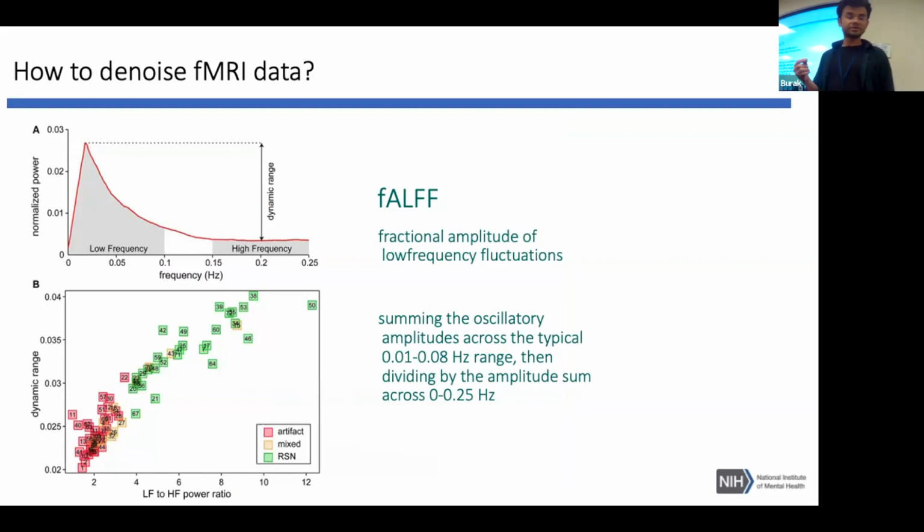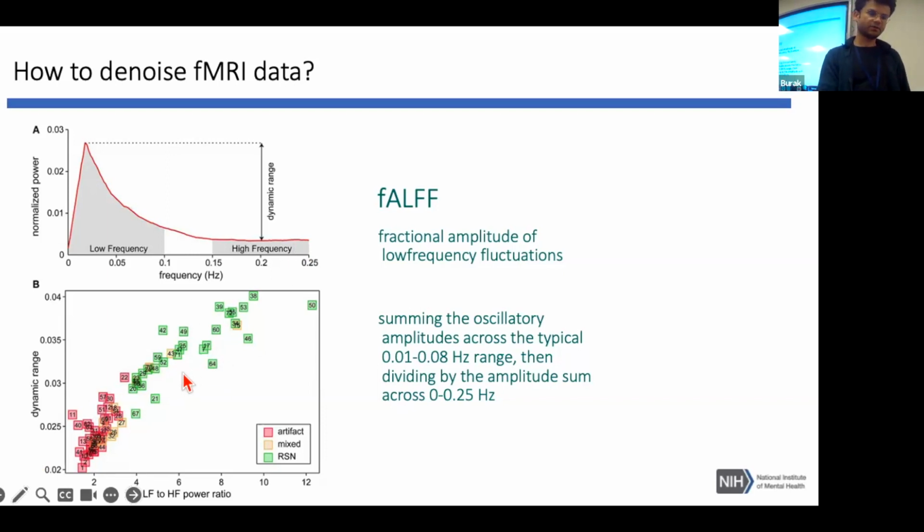It works in certain conditions, but there are mixed things too. So you take the component, look at the frequency spectrum, and see how high the amplitude of low frequency is with regard to high frequency. We just make a ratio of it, and then you can classify them.